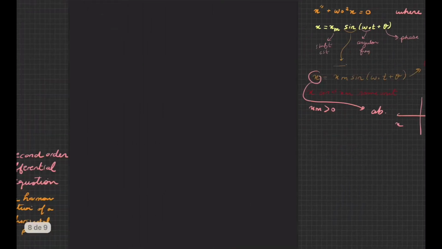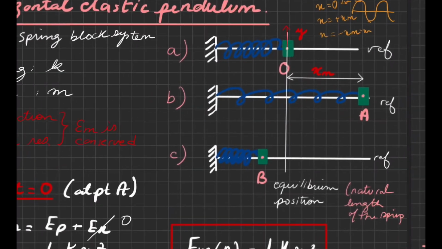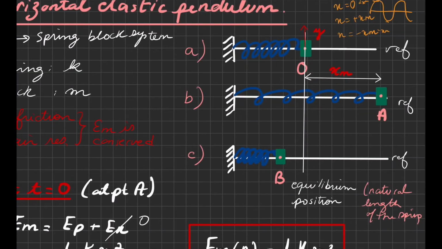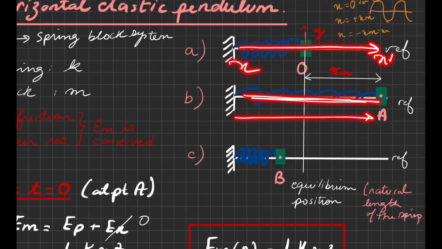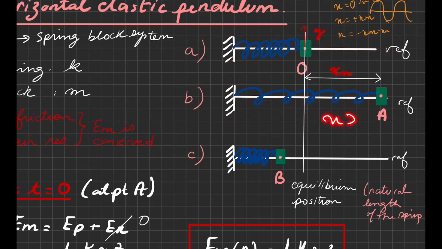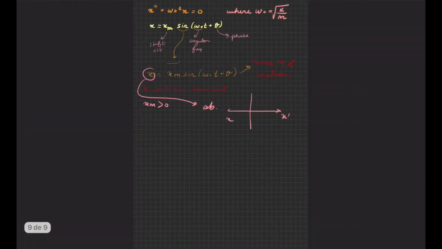Okay, it's the abscissa along the x-axis as we saw here. So here is the x-axis, it's the abscissa as it moves, so here's x, x, x, everything's x. Here x is positive, here x is negative.